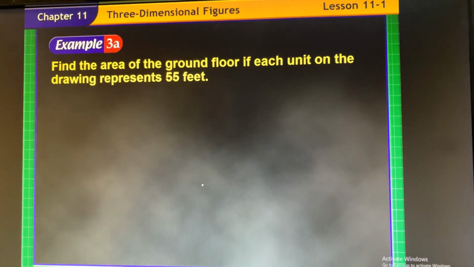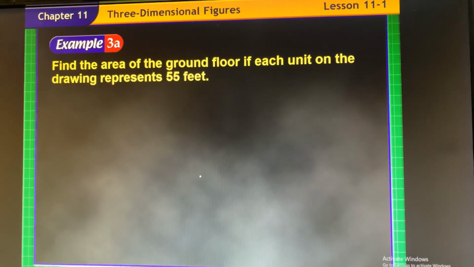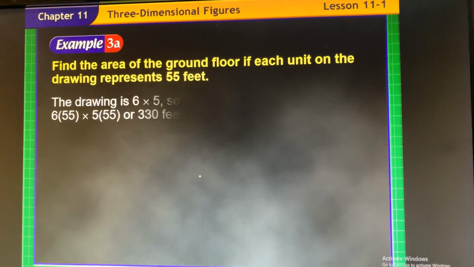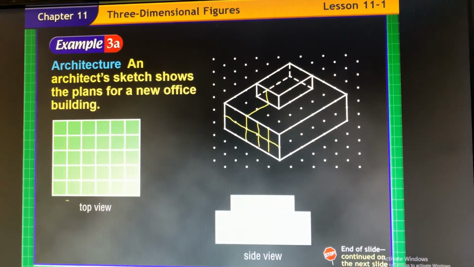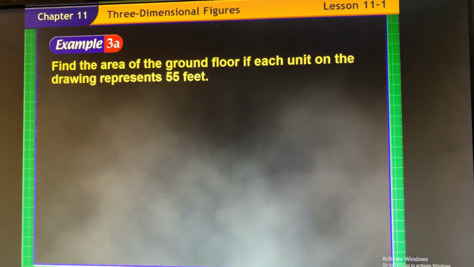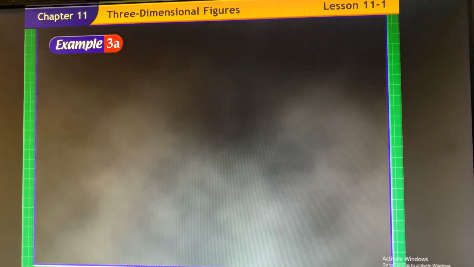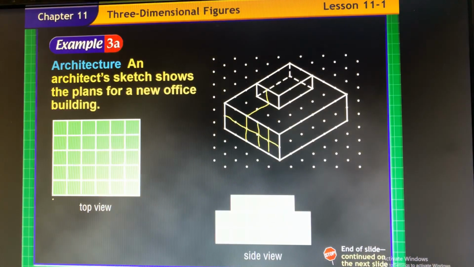So the question says, find the area of the ground floor if each unit on the drawing represents 55 feet. So let's go back. Each unit represents 55 feet.